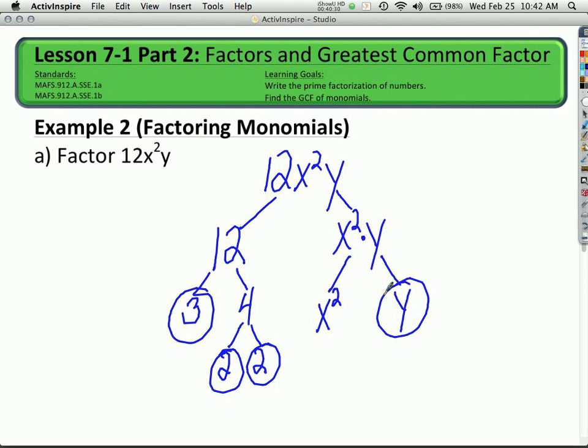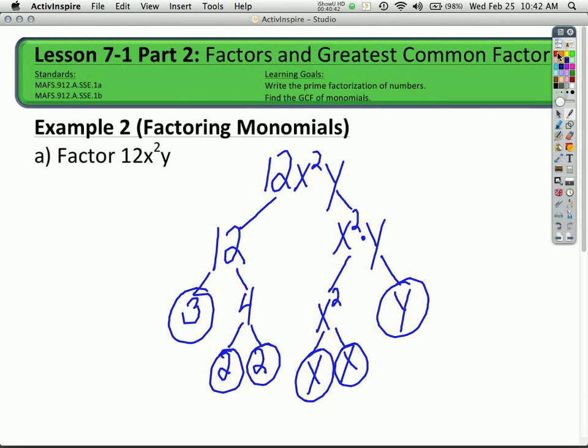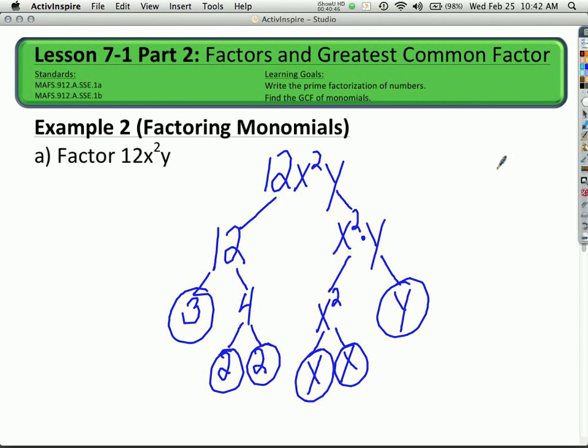Chanel? Very good. We get x times x. And those are now closed. And so now we have everything we need. Put it from smallest to biggest, and you put the variables by themselves in alphabetical order. So we get 2 times 2 times 3 times x times x times y.